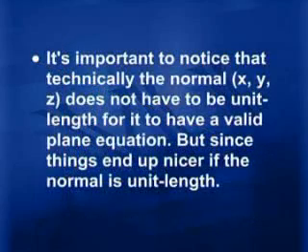Now it is important to notice that technically the normal x, y, z does not have to be of unit length for it to be a valid plane equation, but if we have it as unit length, it is going to make life easy for us. Things really turn out to be nicer if we have a unit length vector. Therefore, we typically would be using unit length.